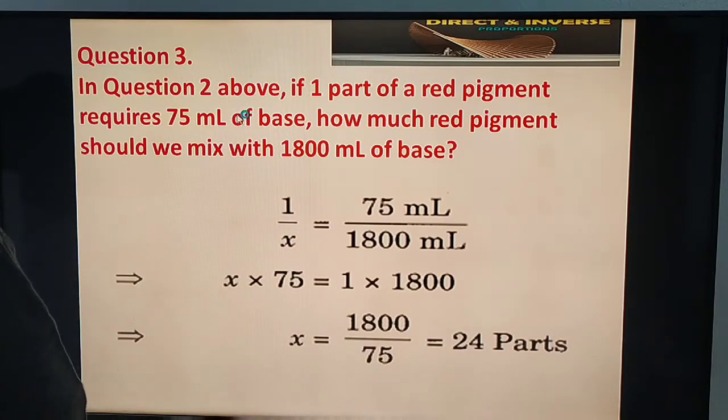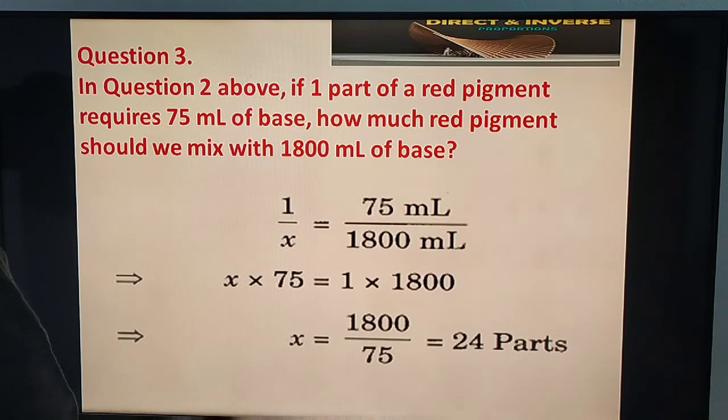In the previous problem we already knew the base parts and pigment parts. So the same problem with different data is here. 1 part of the red pigment requires 75 ml of base. So this one is the pigment part, and this is the base part.